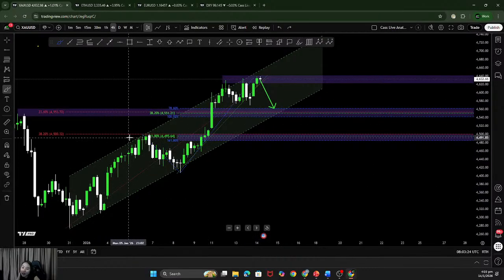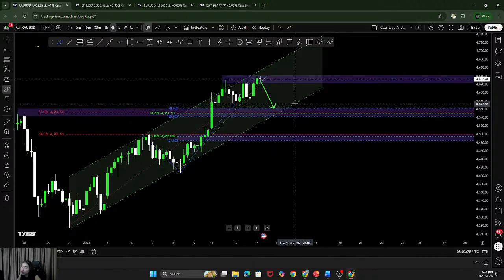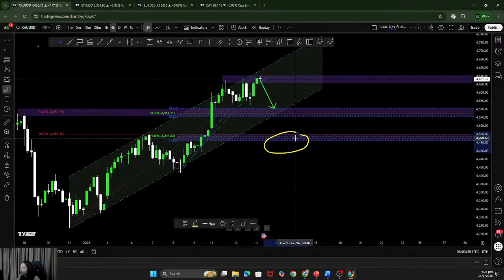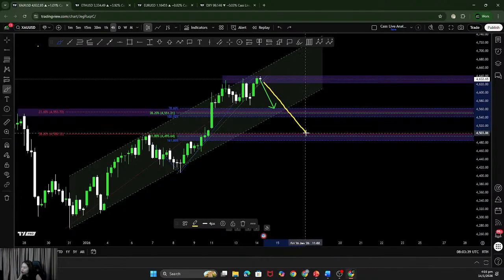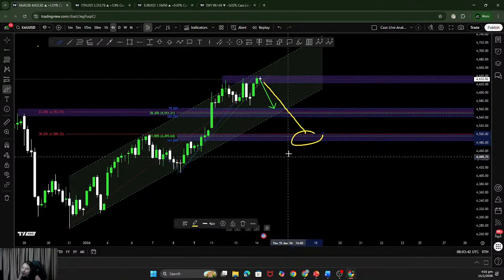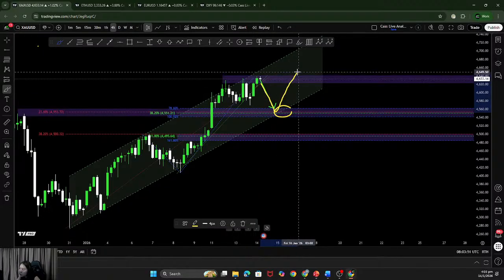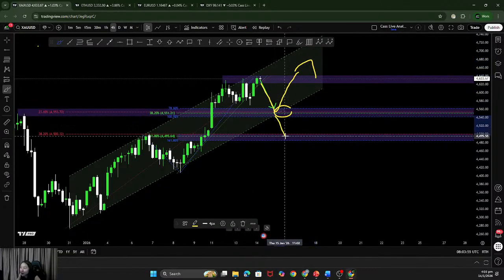So assuming that this channel is still going to hold structure, my best bet would be to aim for this entry here rather than this entry here. That being said, I'm not saying that it's impossible for price to get here. There is still a chance, but looking at what information we have, I'm more biased that price is going to come here and then reverse from here. But again, there is still a possibility it might just come here.